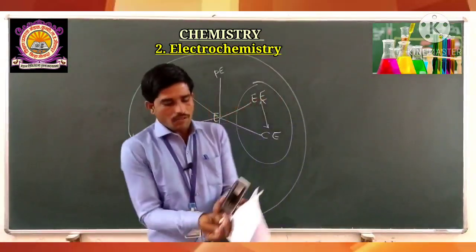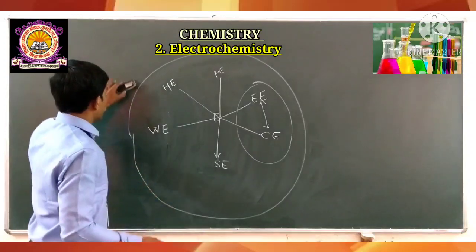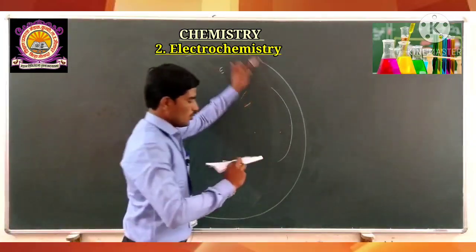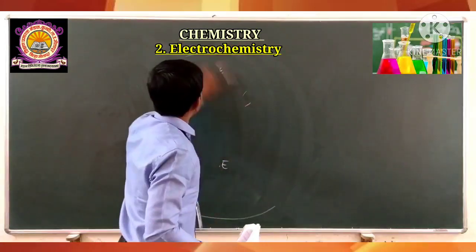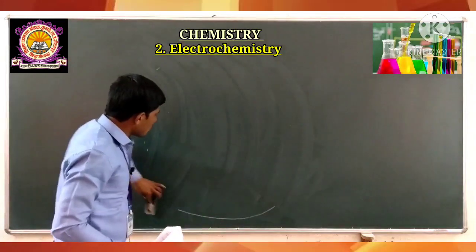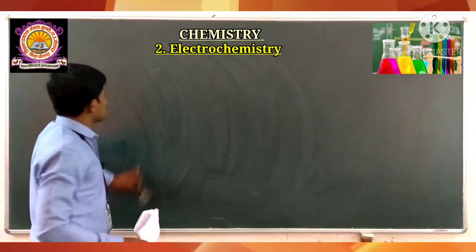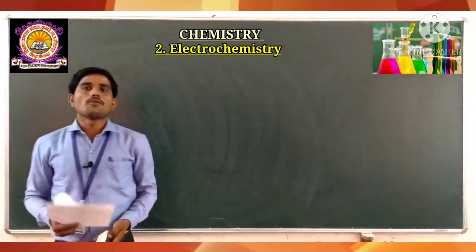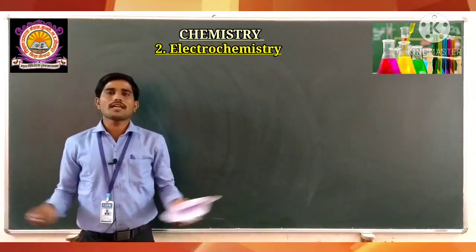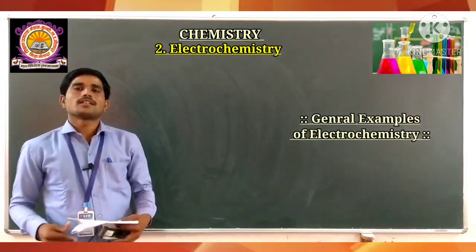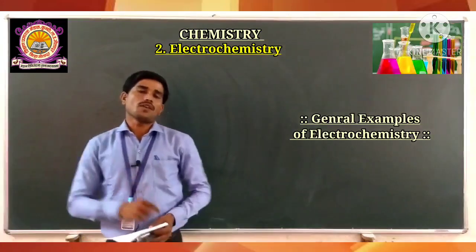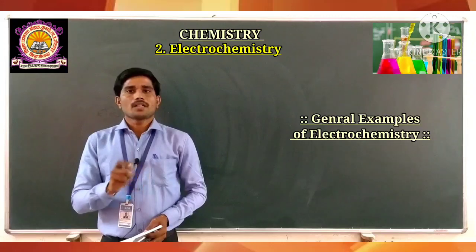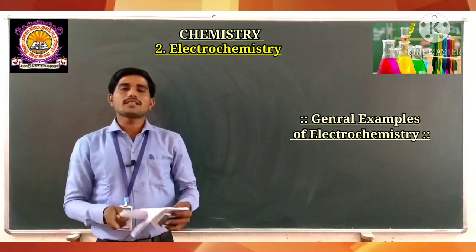So we understand the definition of electrochemistry. Now the question arises: what are the examples of this branch present in our surroundings? There are many examples where electrochemistry is applied.